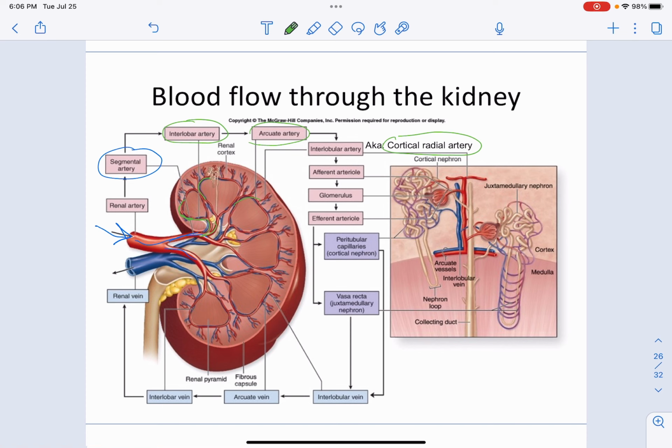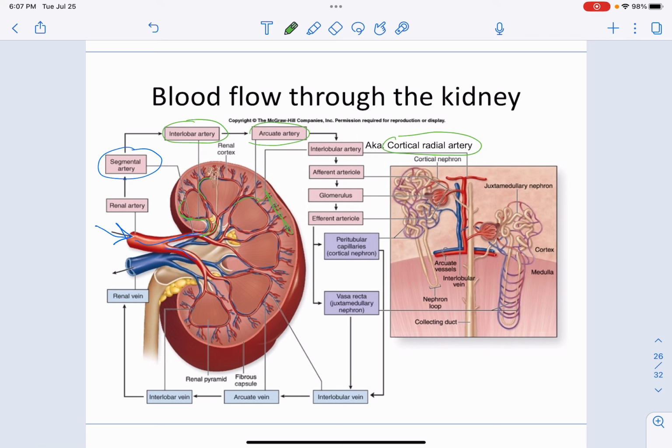It's these little guys that branch, so it's in the cortex. This area right here is the cortex of the kidney. It's the cortical radial because it's radiating out. So I like to use cortical radial artery.